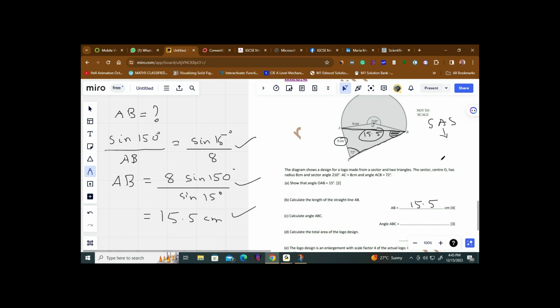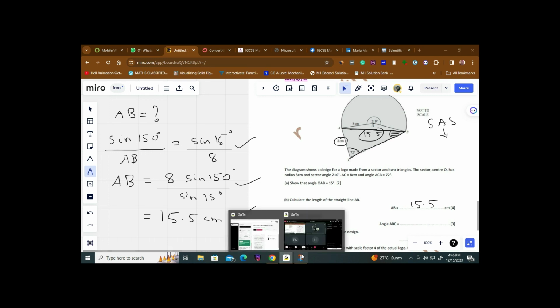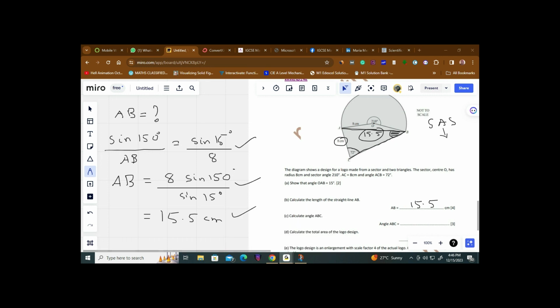Sine law or cosine law? I appreciate if you answer promptly.